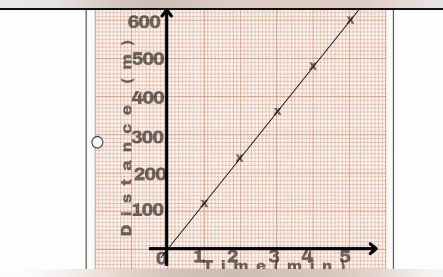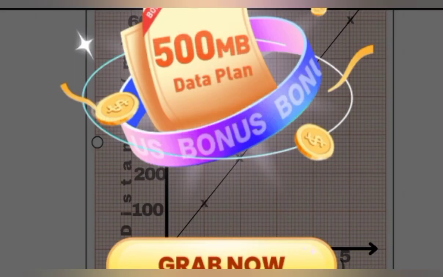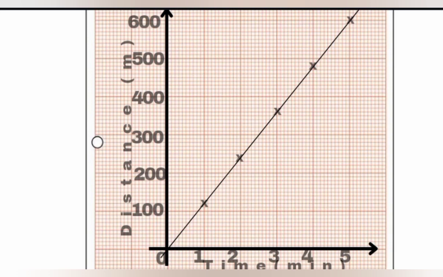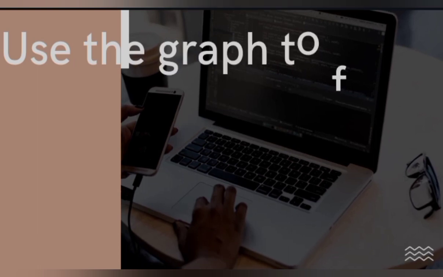So this is what we call a straight line graph or a linear graph. As you can see, the points are in a straight line and you can connect them using a straight line. So that is how you draw a straight line graph.